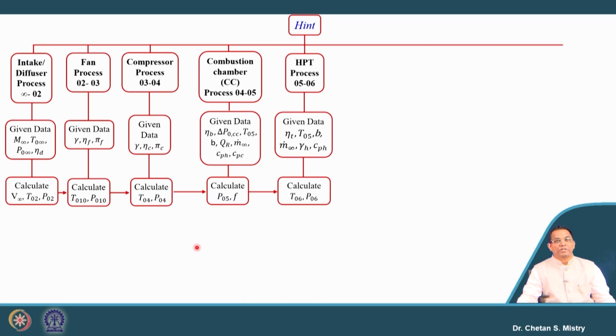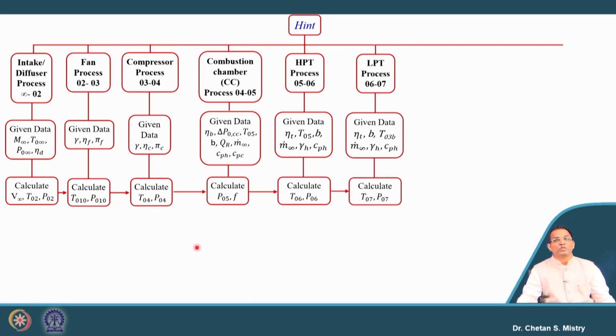The exit temperature we can calculate based on our work balance, and the exit pressure we will calculate based on our efficiency equation. Now, we have our LP turbine. This LP turbine is basically used to rotate our fan only. That will give us the exit pressure and exit temperature.